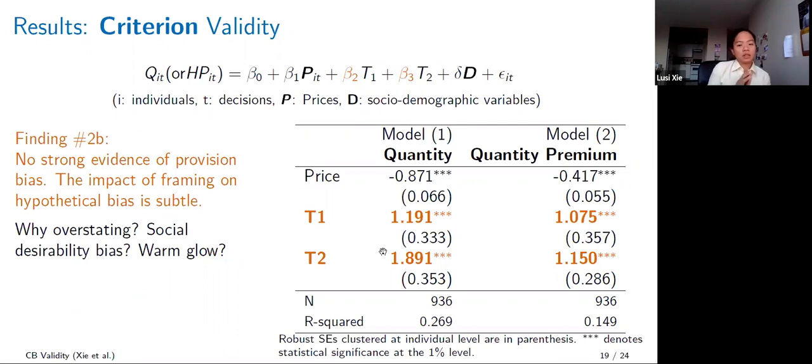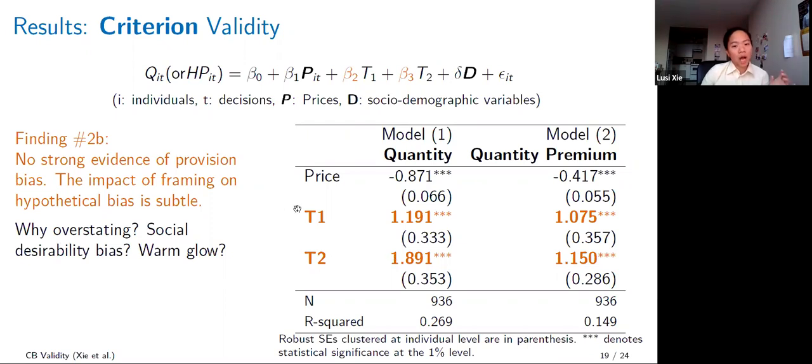And the thing is, when we designed T2, we hoped to induce provision bias, but we don't find the provision bias. And interestingly, the puzzle part is we do find the overstatement, and we are not able to understand what motivations drive the overstatement.